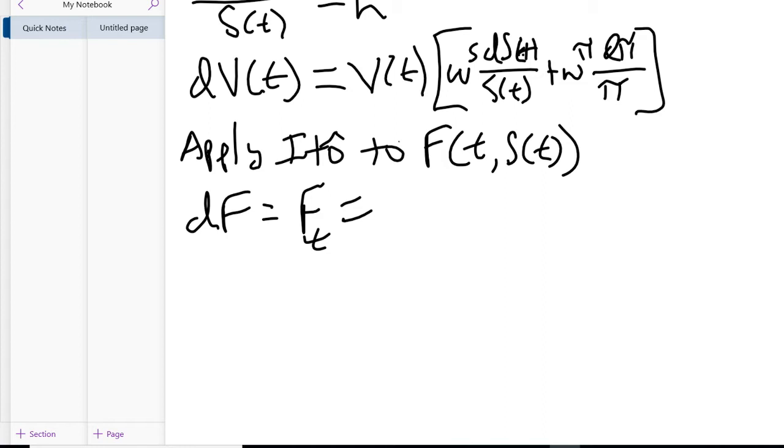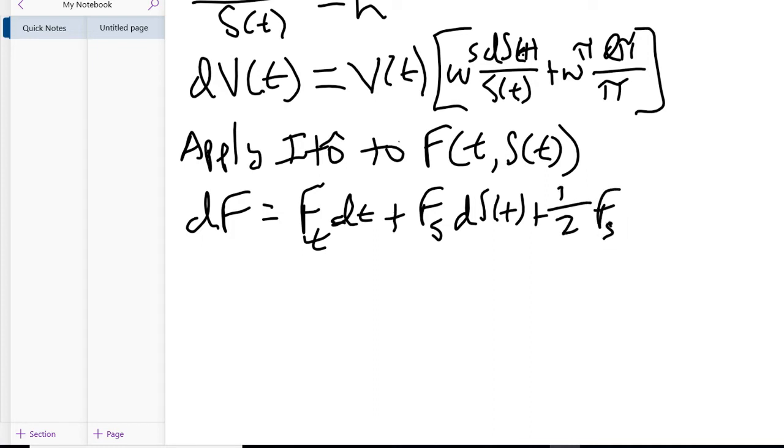But anyways, f_t, I can read that as well. So it's the partial derivative of f with respect to t, dt, plus the partial derivative of f with respect to s times ds, and then of course plus 1/2 the second derivative with respect to s times dS_t squared.